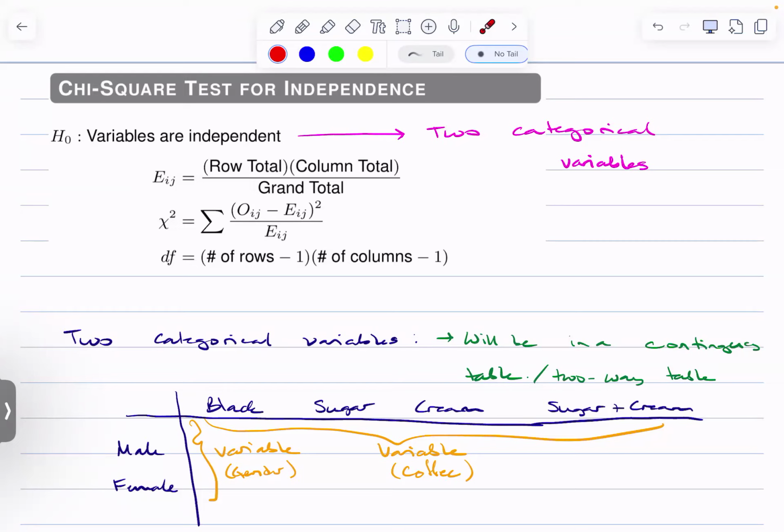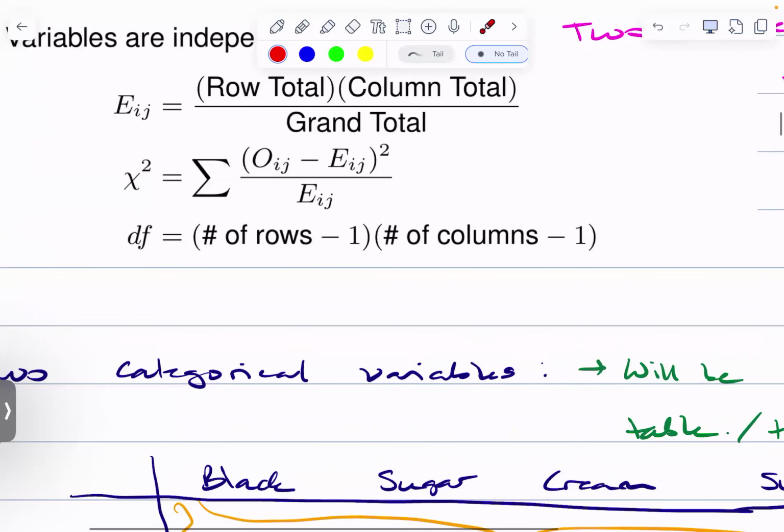So if we jump ahead a little bit, our chi-squared is going to be calculated the same way as before. It's the observed minus the expected, and then we square it, and then we divide by the expected count, and then we add those all up.